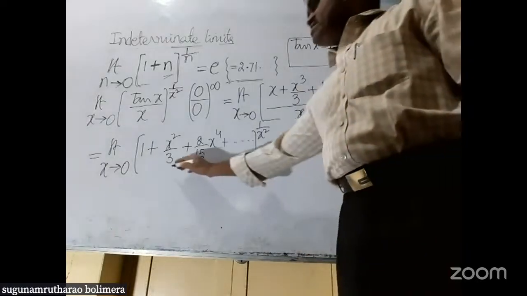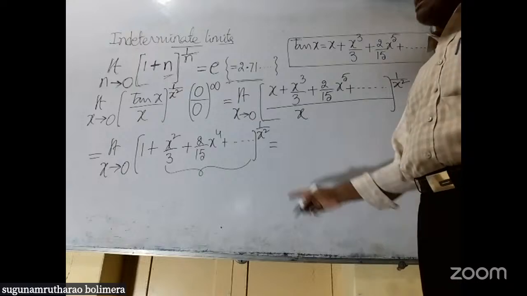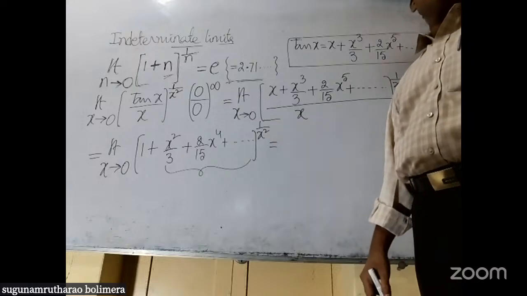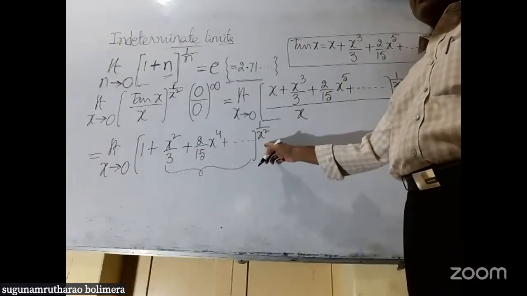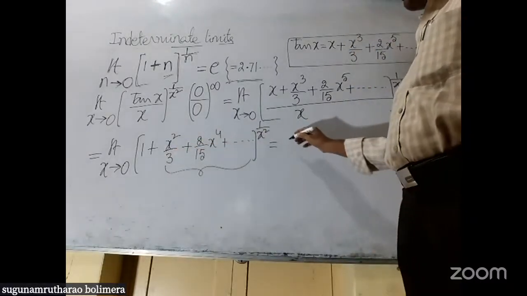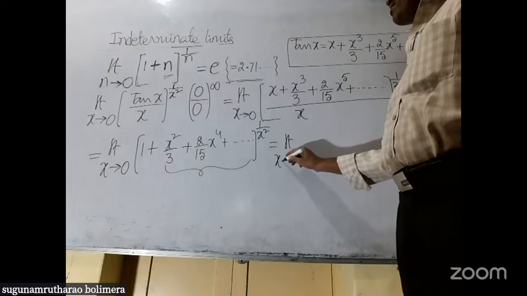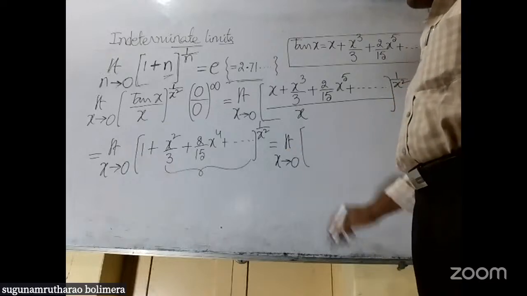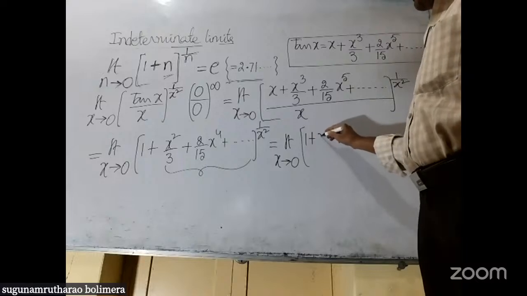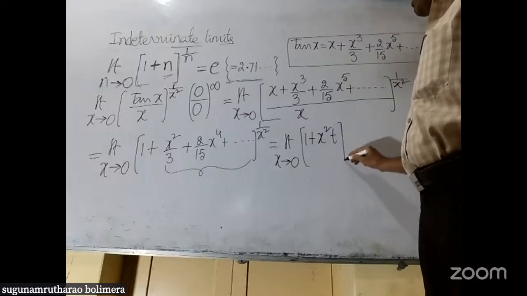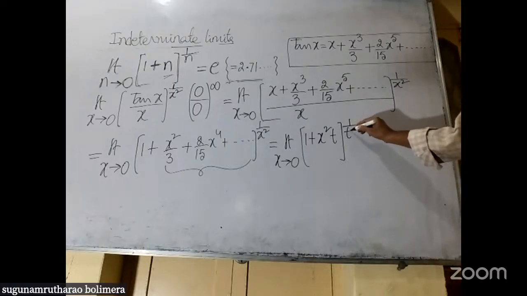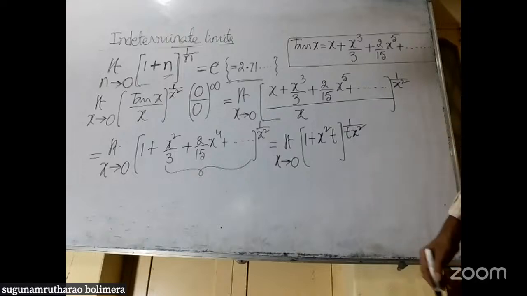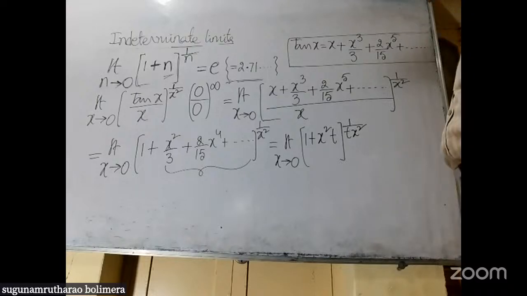Now among all of these, as the power is containing 1 by x squared, I'm going to take x squared common. Limit x tends to 0, (1 plus x squared into t) whole power 1 by t x squared, whole power t x squared.